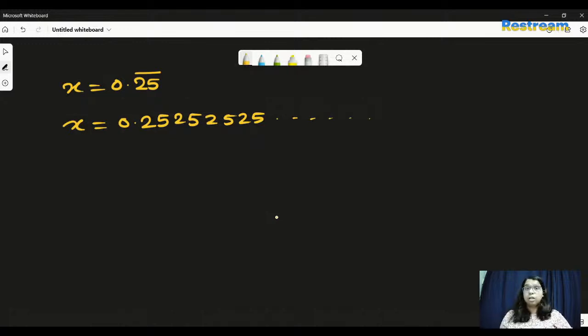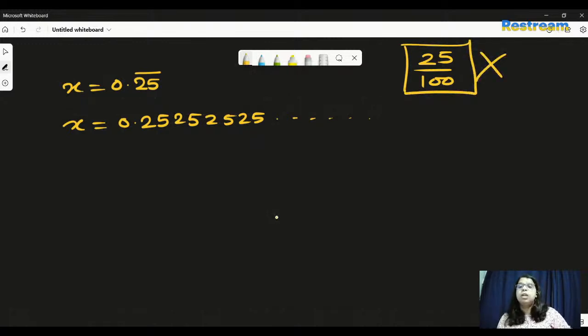Now this is not 25 over 100. Let me tell you, 25 over 100 is not 0.25 recurring. Okay, so if you are getting a recurring decimal, you are not supposed to write this. It is wrong. So this is how you solve it. Since we have two recurring numbers, we are going to multiply this x with 100. So 100x is equal to 25.25, 25, 25.